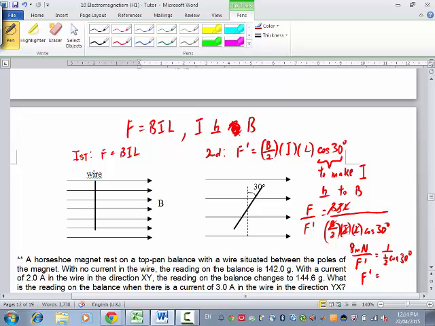To make I perpendicular to B. Okay, so what is the answer? 3.46 if I'm not wrong. Right? 8 millinewton is according to the question. So it's 3.46, right, Andre?